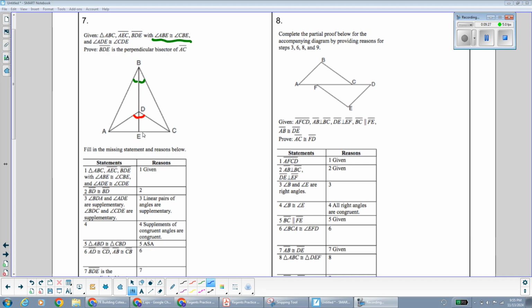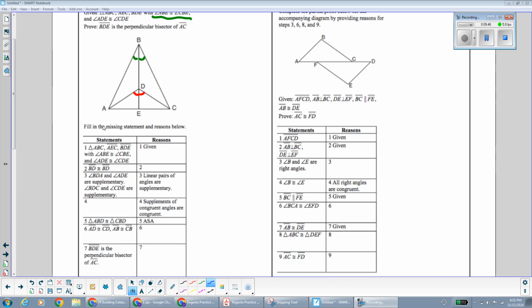And remember, we also spoke about how if something is the perpendicular bisector of a segment, any point along the perpendicular bisector will be equidistant from the endpoints. So we can also keep that in mind.